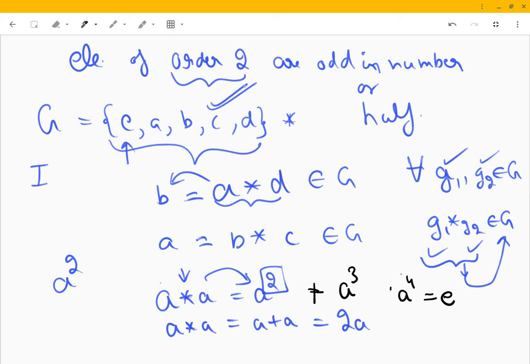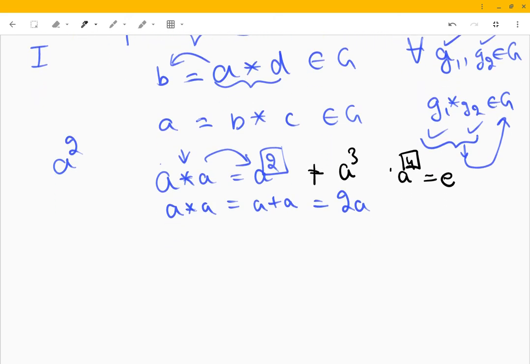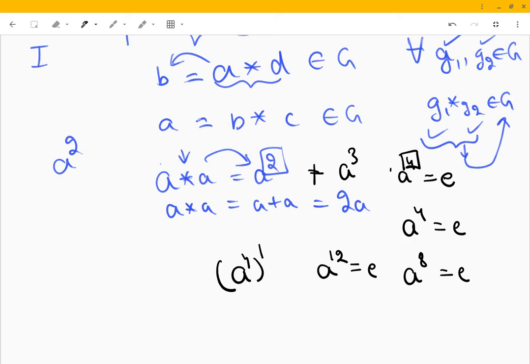This means that 4 is the order of A. A operated 4 times gives us the identity, which makes the order of A as 4. Also, an important thing to note: if A4 is E, that means A8 will be E, A12 will be E. Basically, A4 to the power anything will be E.